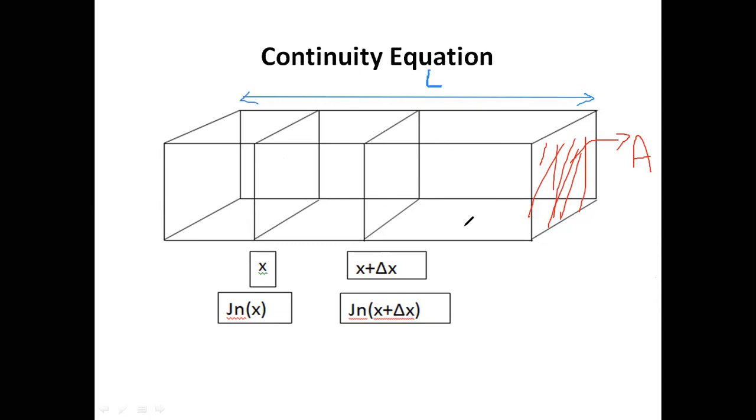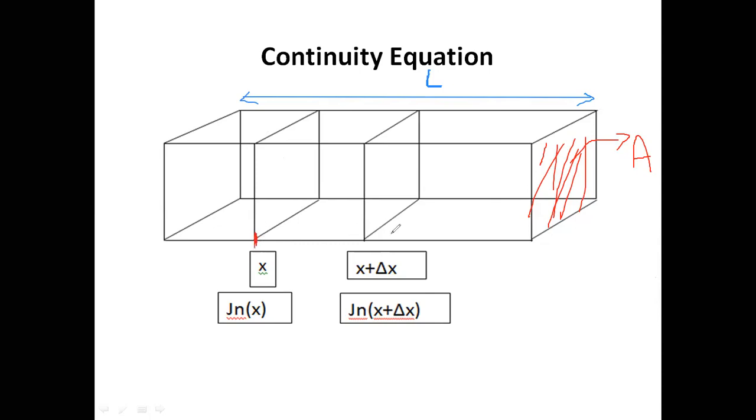So I'm taking an infinitesimally small part of the semiconductor, a very small portion. I'm choosing two points.